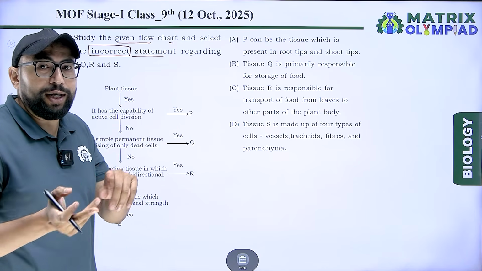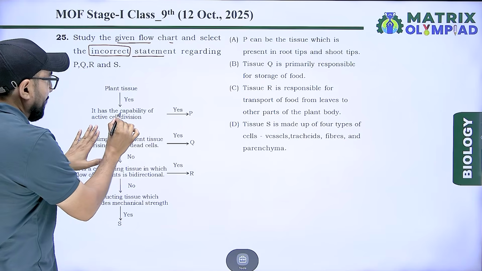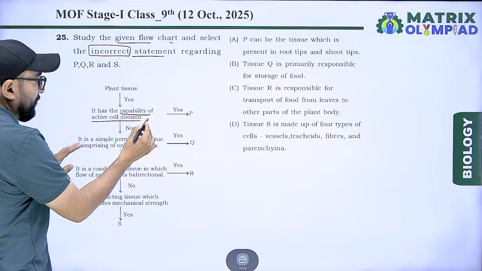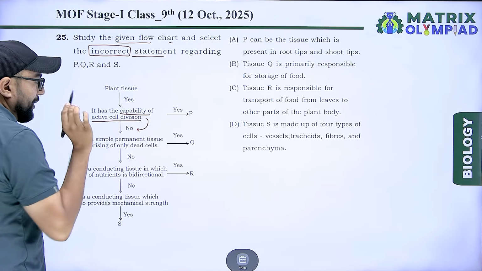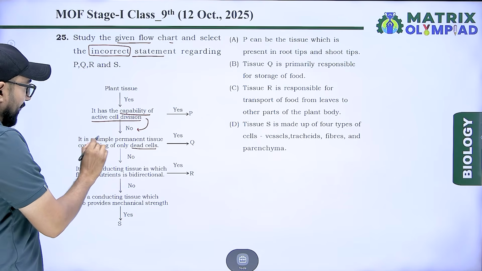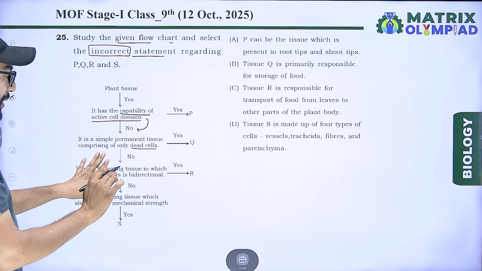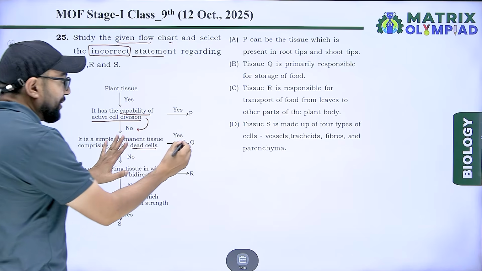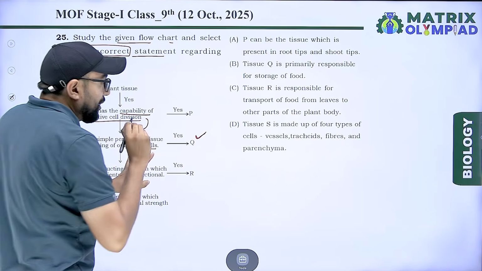So according to this flow chart, active cell division is not present, so these are dead cells. If this condition applies, yes, then it is called Q.